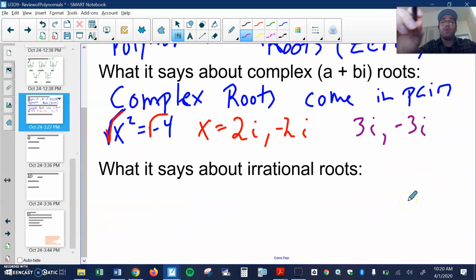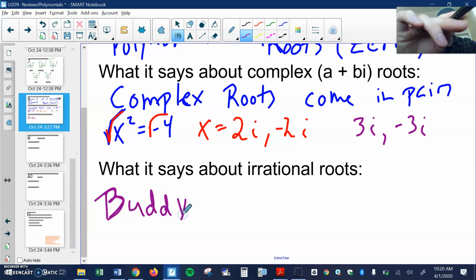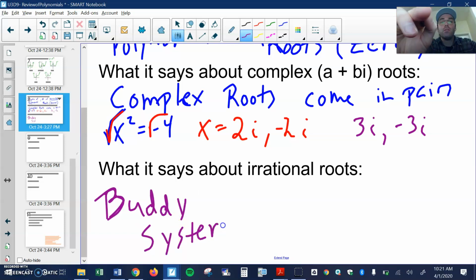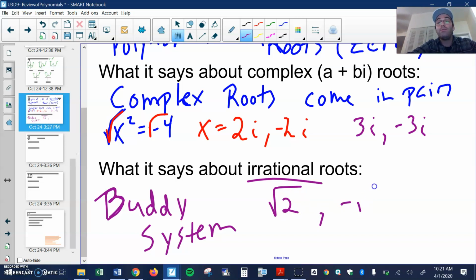Same thing with irrational roots. I call it the buddy system, people. They need a buddy. They can't go at this alone. What are irrational roots anyway? An example of an irrational root is root 2, then -root 2 also has to be a root. Now, if you're in class, I do the same thing.